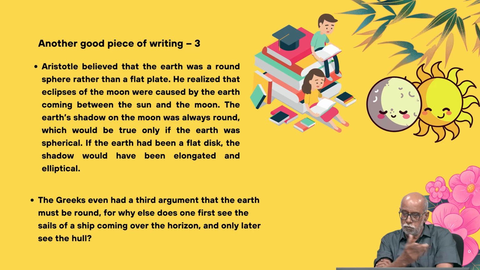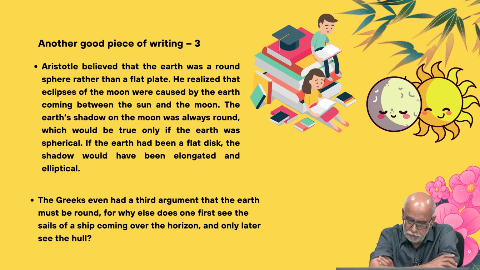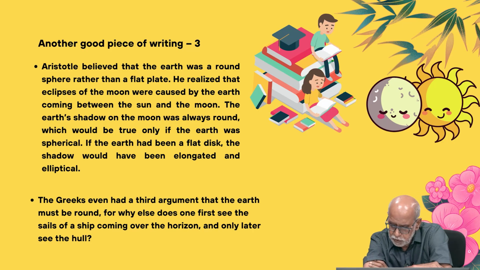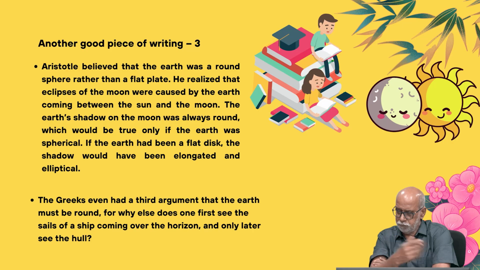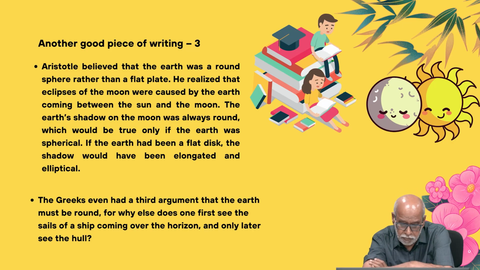Only a spherical object can give a spherical shadow. If the earth had been a flat disk, the shadow would have been elongated and elliptical. These are everyday words, enough to describe a topic in the frontier area of physics or astrophysics. Okay, you can look it up on the net.